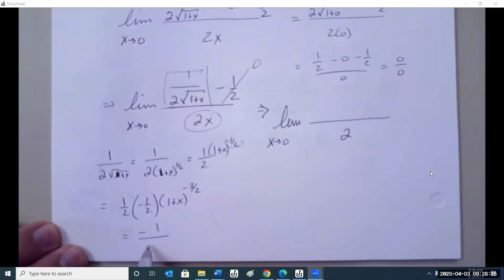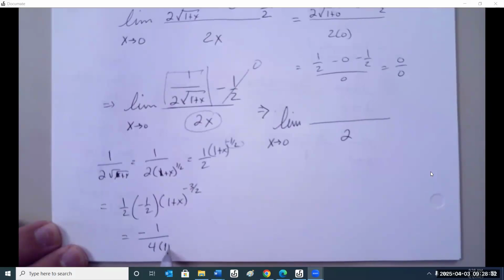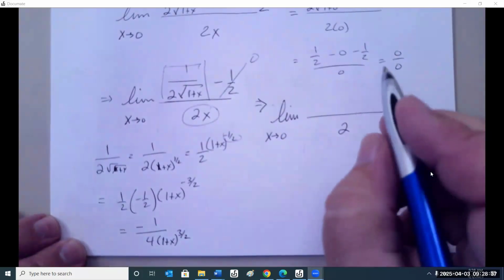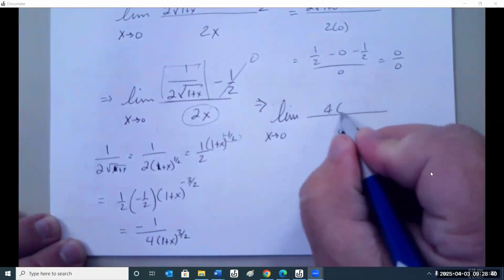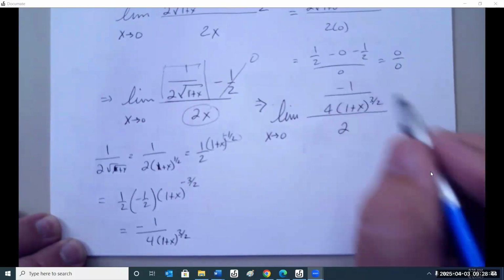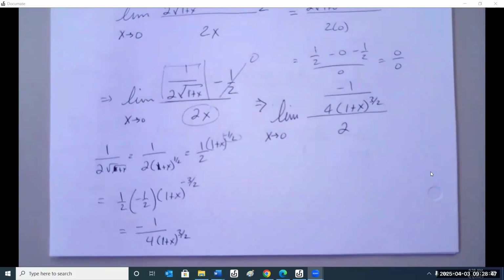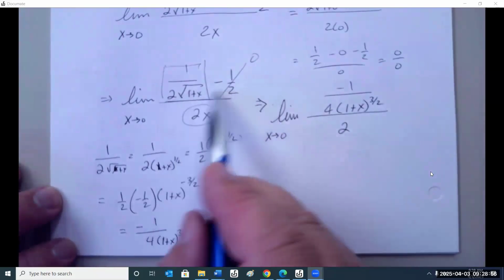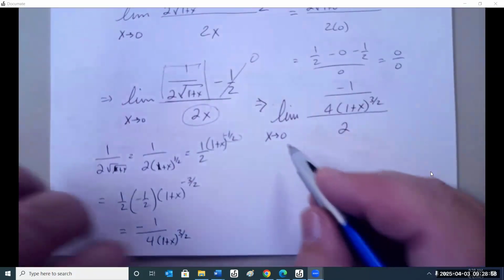Negative 1/4 times 1 plus x to the power negative 3/2. So that's the derivative of this equation. The second derivative. Plug in x.